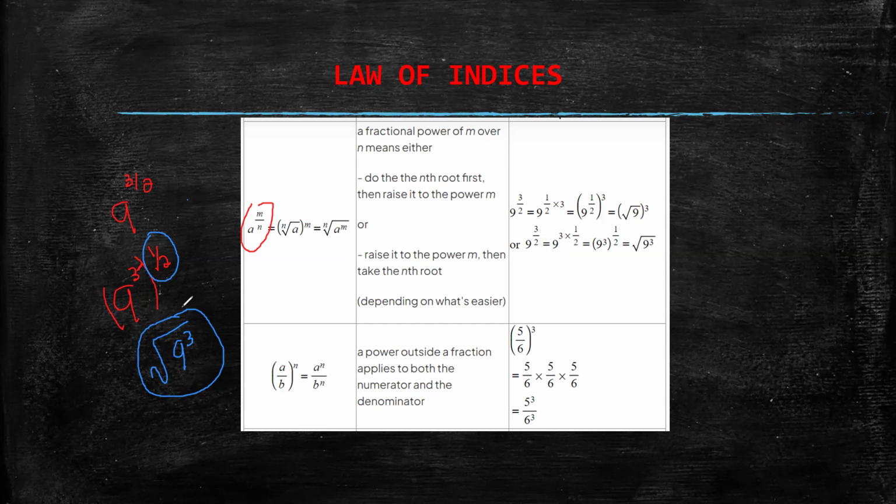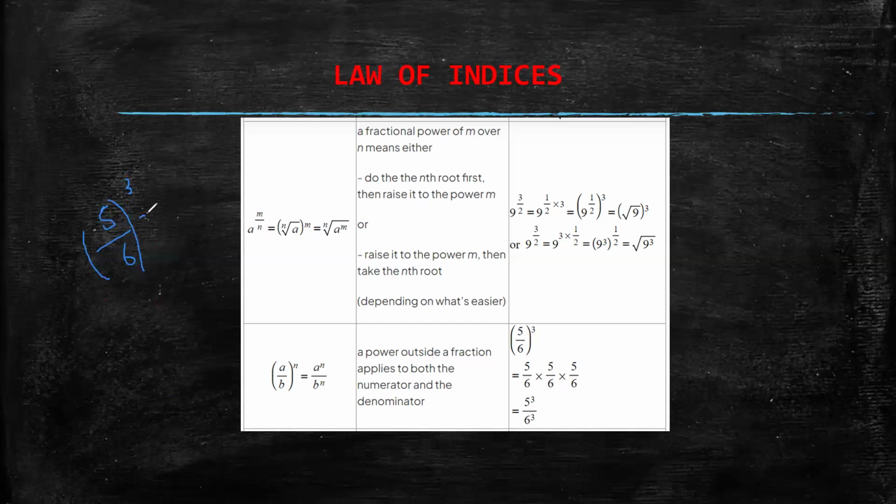Now, the last rule remaining is when the bases are different. We know that when the bases are the same, the powers are subtracted in division. When the bases are different, what will we do? For example, 5 upon 6 and the whole power is 3. When the bases are different, we cannot subtract the powers, and we cannot add the powers.